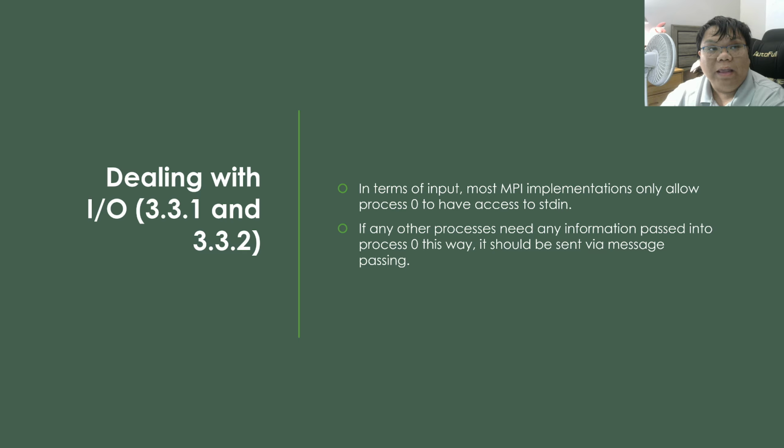We don't know how many processes there are. It could be 10, it could be 1,000,000. But process 0 is going to be in charge of receiving user input. Once it receives that information, it can then send it to all other processes. But all other processes have access to printf, so they can print anytime they want, in an order that is not going to be deterministic at all.